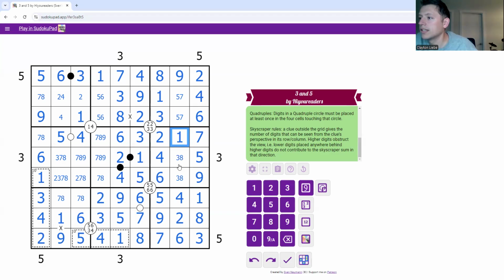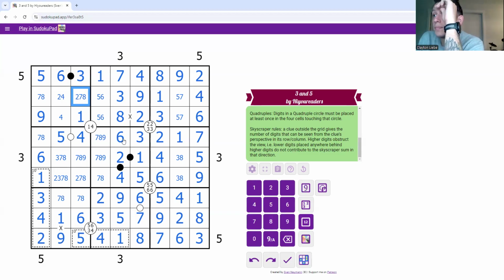So this is a 1 because that's a 3, 8 pair. Yeah, this is a 2, 7, 8, 9. 2, 7, or 8. Oh, this is an 8 by a Sudoku of all things.